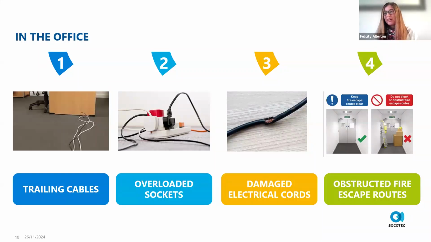It might not seem like an issue in your normal day-to-day, but were there to be a fire, were there to be a need for you to leave your building quickly, it can really cause an issue. So obstructed fire escape routes is a good one to always report and then do something about.